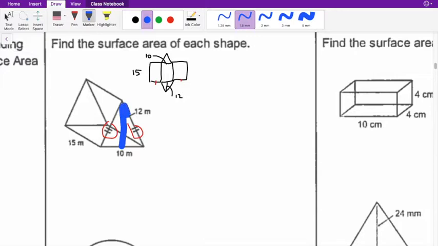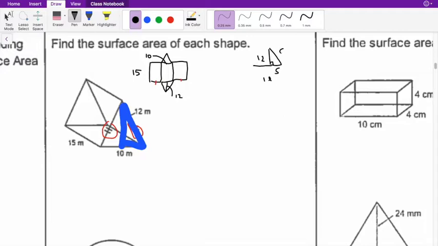This here makes a right angle triangle, where we know the height is 12, and the base all the way across is 10. So the whole base is 10, so half of that is going to be 5. Now we'd also label this as a right angle triangle. This could be my C side, my A side, and my B side. And we could do Pythagorean theorem to find what that missing side is.